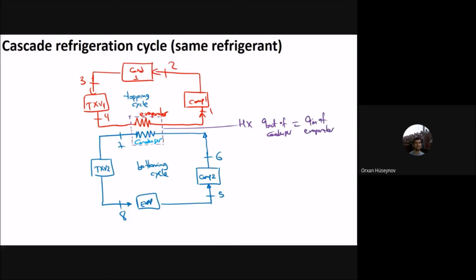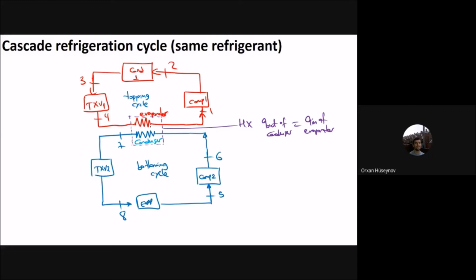We are using the heat transfer from the condenser. If I just write it here, that condenser will give us the heat in that direction, and the evaporator will use that heat here. Okay, this is the heat exchanger.